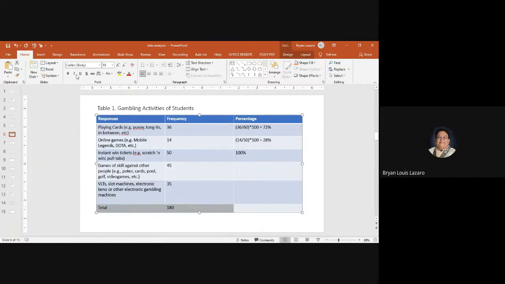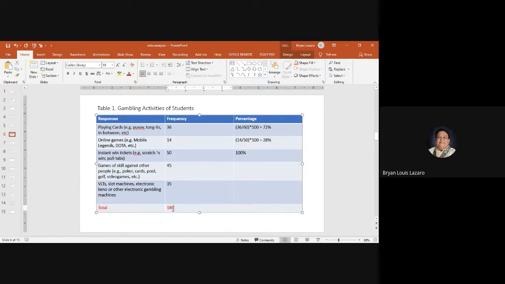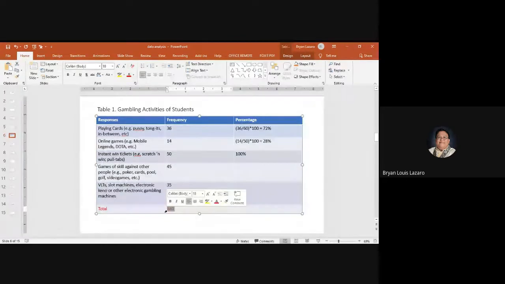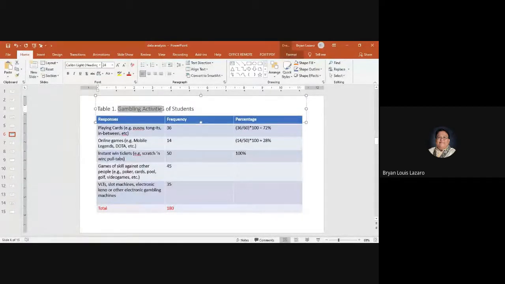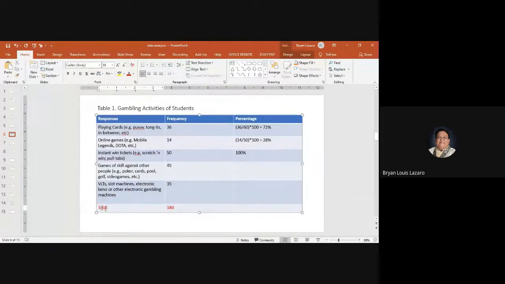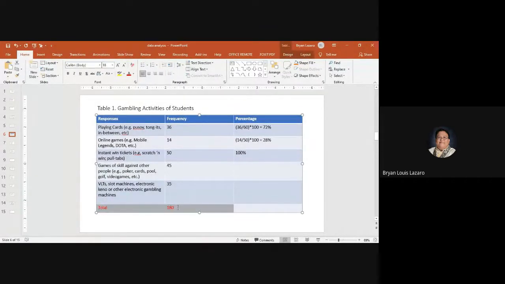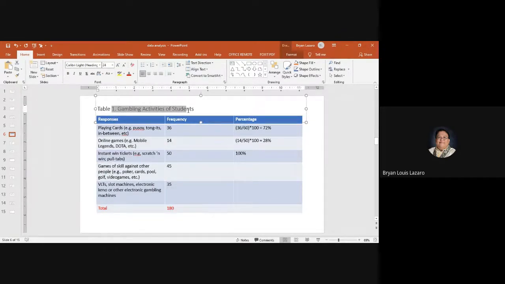So ito ay for interpretation na merong 180 responses. For this particular question. Ulitin ko. In this part na check more than one, this one will be just an interpretation of how many responses were gathered for this particular question.